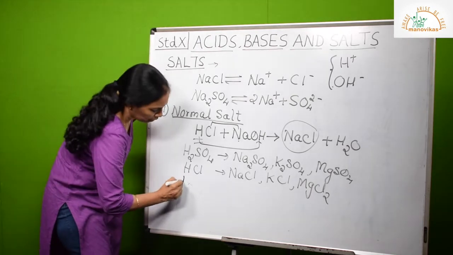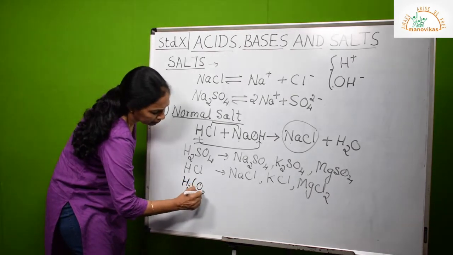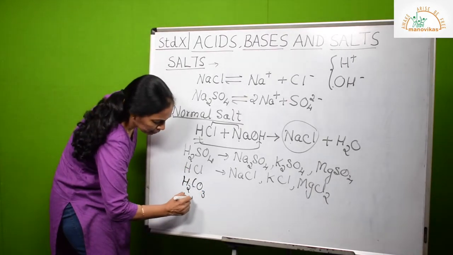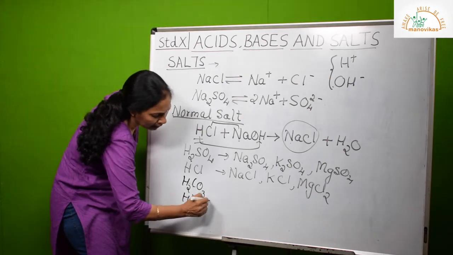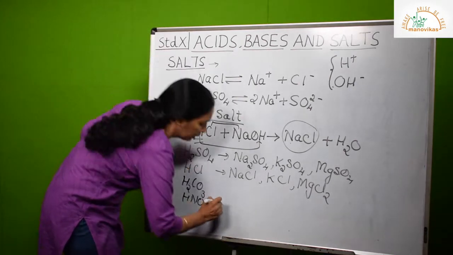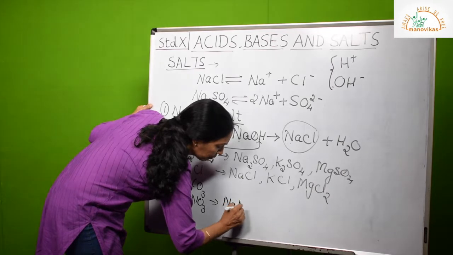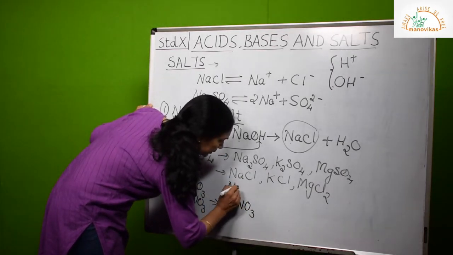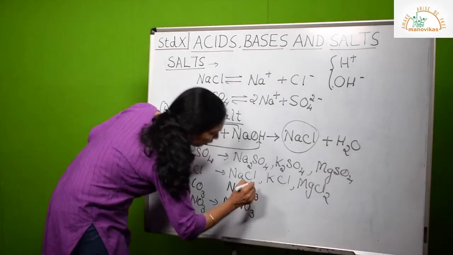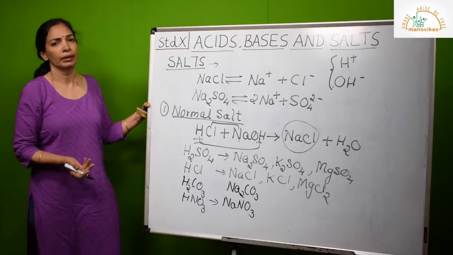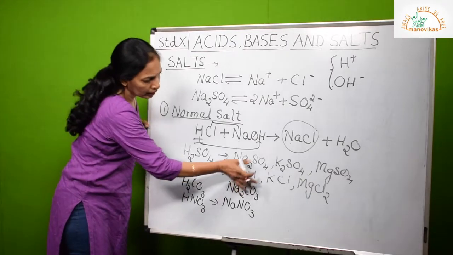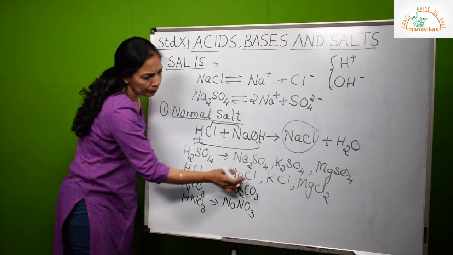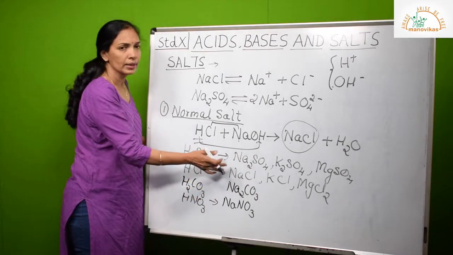If you are using nitric acid, then you will get nitrate salts like sodium nitrate, potassium nitrate and so on. So here are a number of salts. With acetic acid, we get acetate salts. Look at any of these formulas. Here, there is no replaceable hydrogen ion. So this is a normal salt.